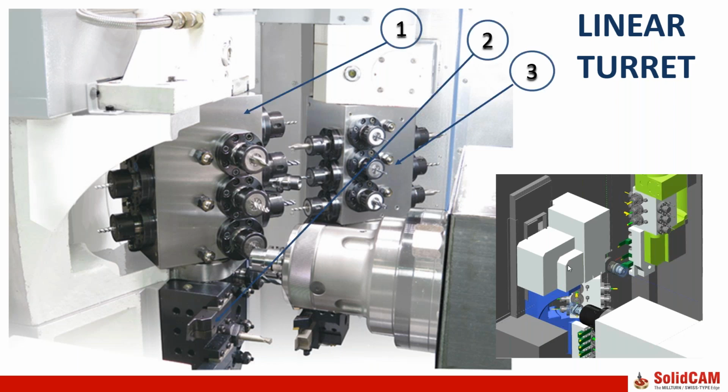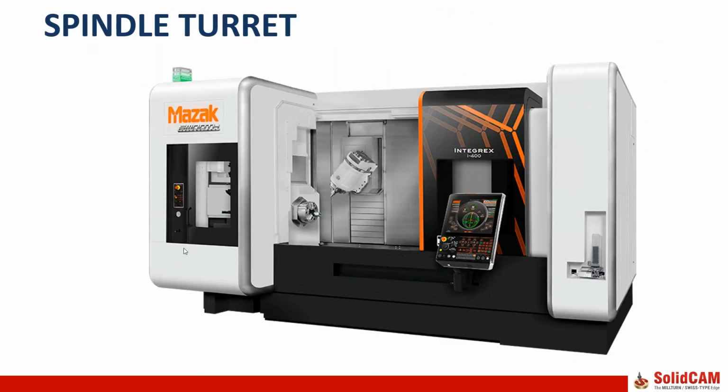1, 2, 3, 4 turrets. Spindle turret. Oh, again, it's Mazak Integrex. And basically you can mistake it for a milling machine, because what I see is a spindle which I can also see on milling machines. And maybe on a very first look, oh, it's okay, it's a milling machine, probably more axes, because I see that the spindle is on some rotary axis, but it's not a milling machine.